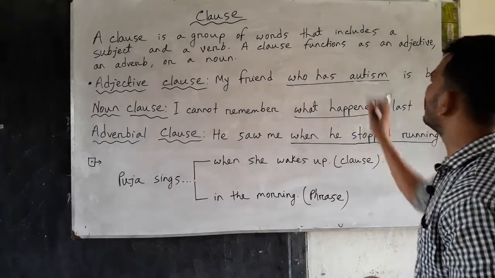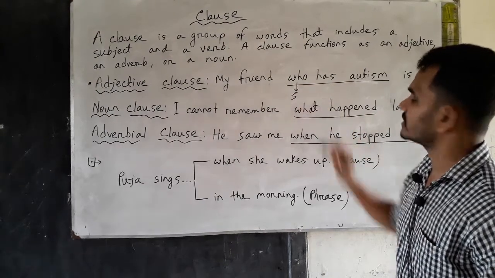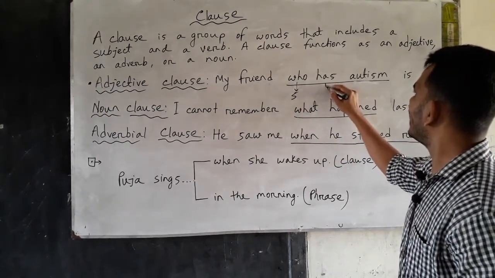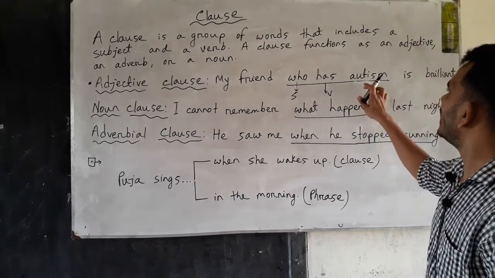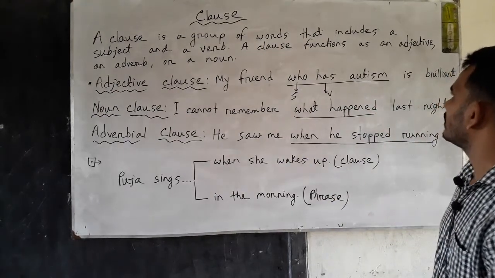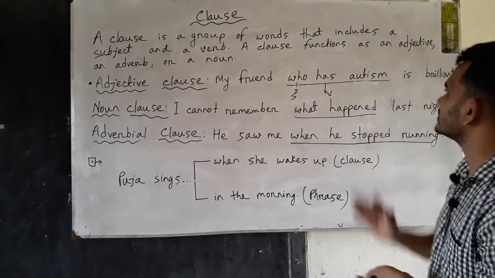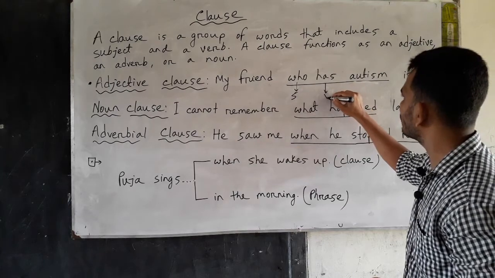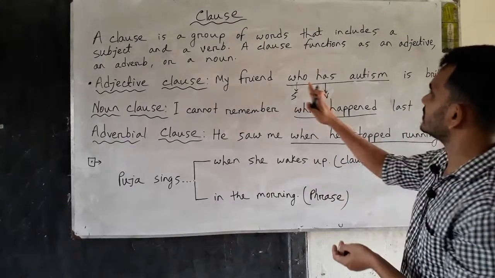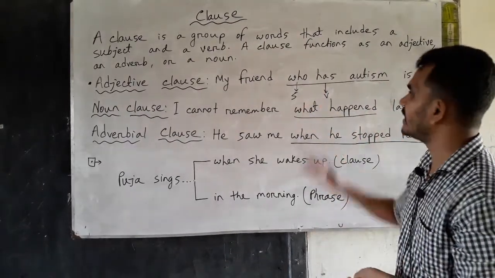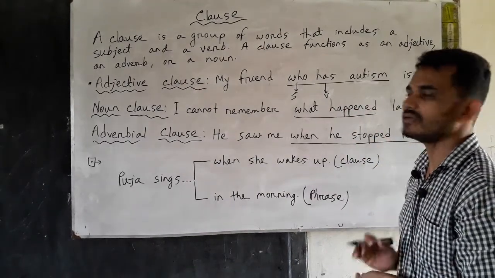So how is it a clause? Here look, who has autism. Here who is the subject, has is the main verb or finite verb, and autism is the object or extension of this part. Dear learners, here who is the subject, has is the finite verb, so it is a clause. That means this part is a clause because it has a subject, who, and a main verb, has.